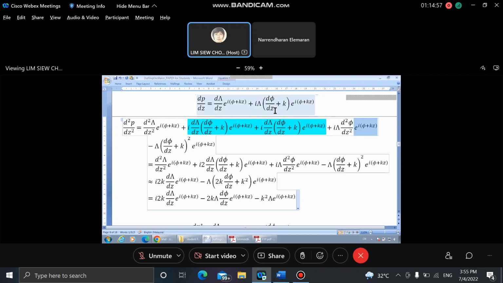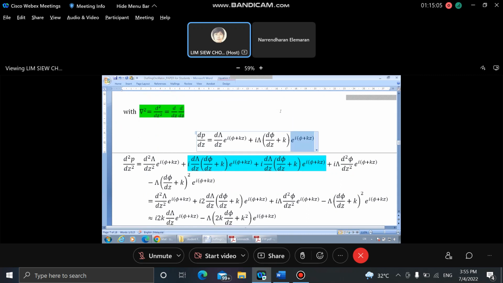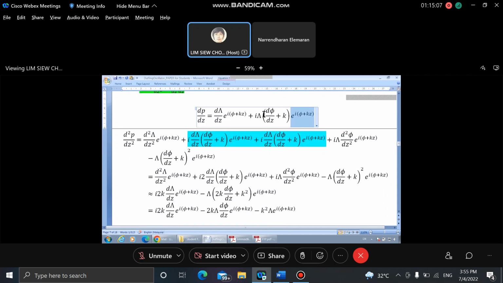The third one, you fix this and this constant. So if you derive this, you get this. You get i d phi over dz plus k and this exponent. So that's why you have the square of this term.